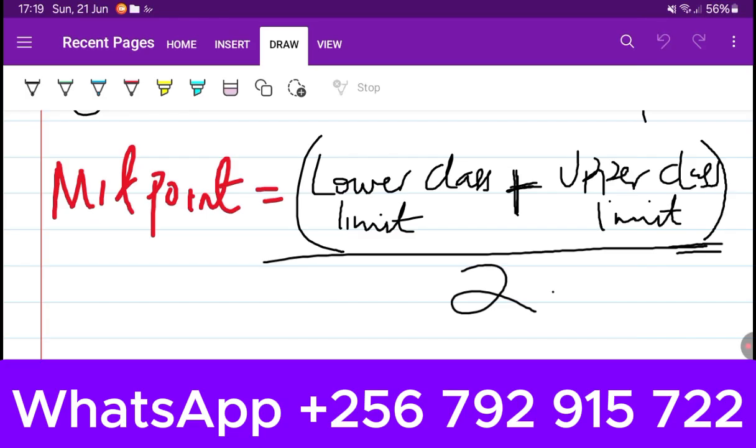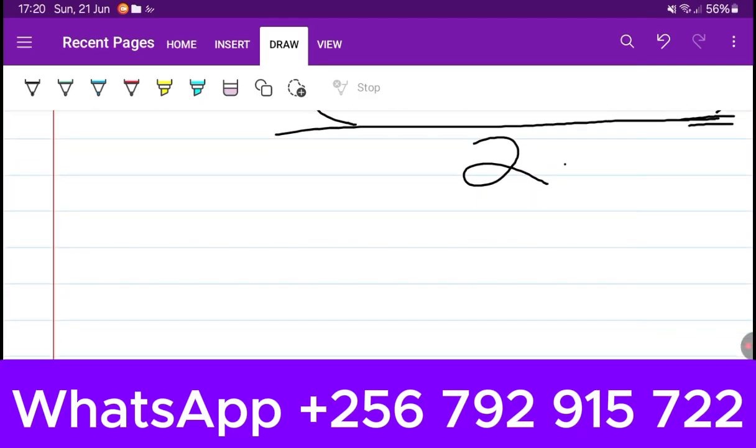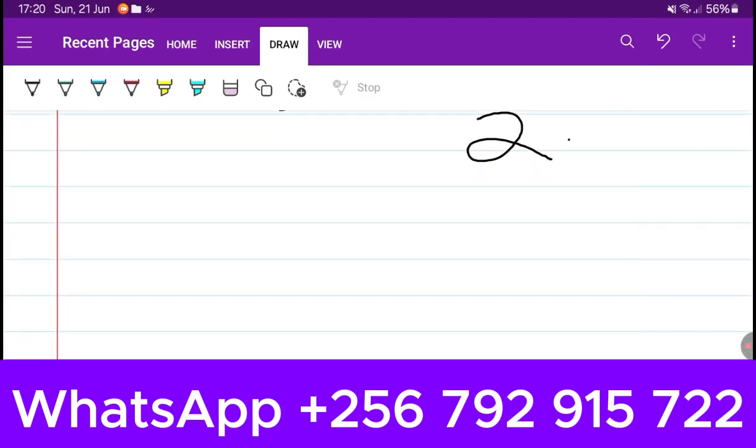Then we can also look at the relative frequency. Of course, the relative frequency, we had computed it in the previous video, but let me also repeat it. Relative frequency.